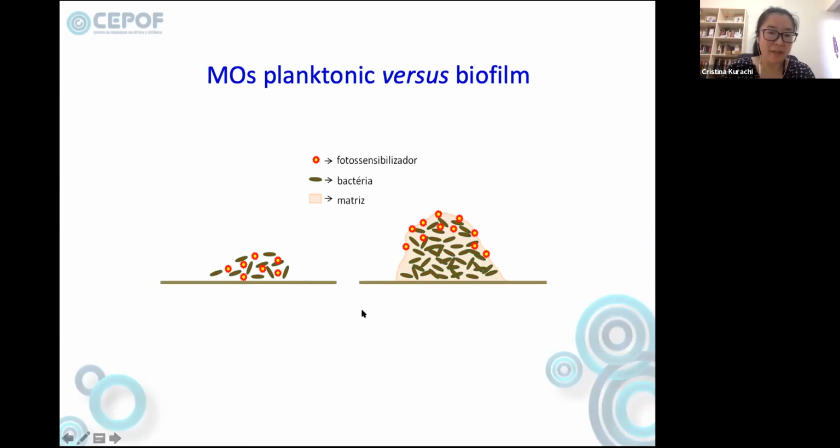And in this schematic drawing, we can see that even the right and homogeneous diffusion of the photosensitizer is going to be limited when the microorganism is in this kind of structure.